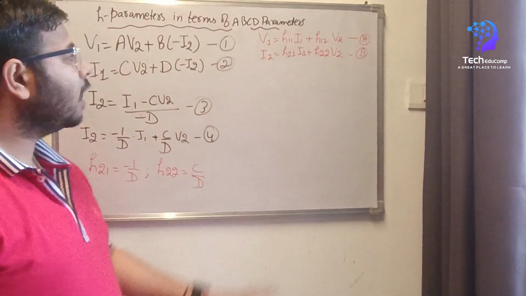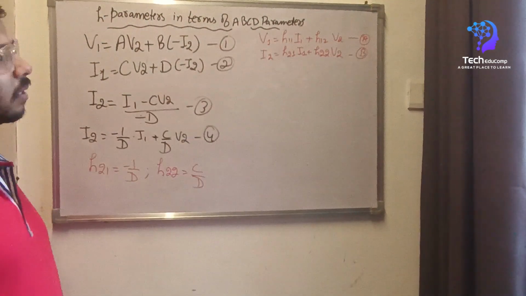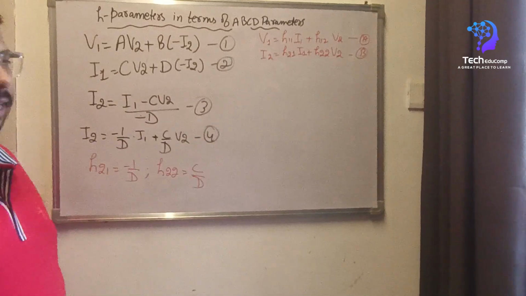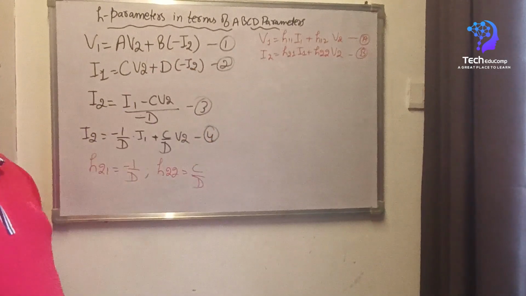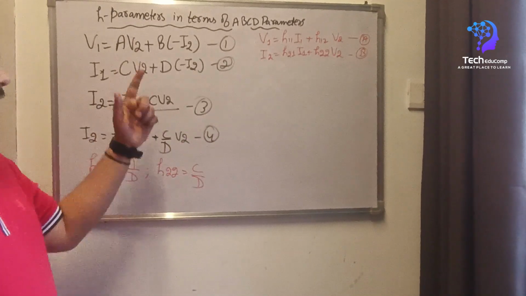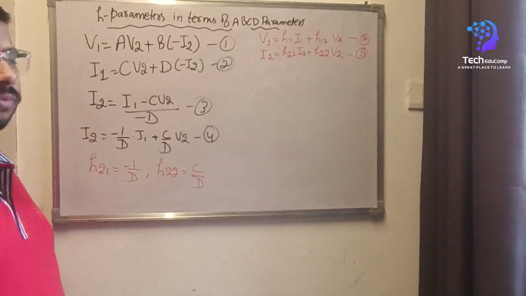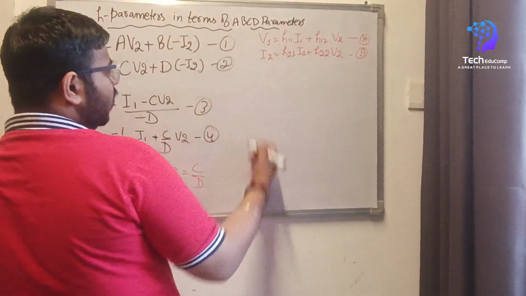Let's leave equation B. Focus on equation number 1. So I have I2 here and I have I2 here in the third equation. Can I put this third equation in the first equation? Yes. So what will happen? Now let's find out.